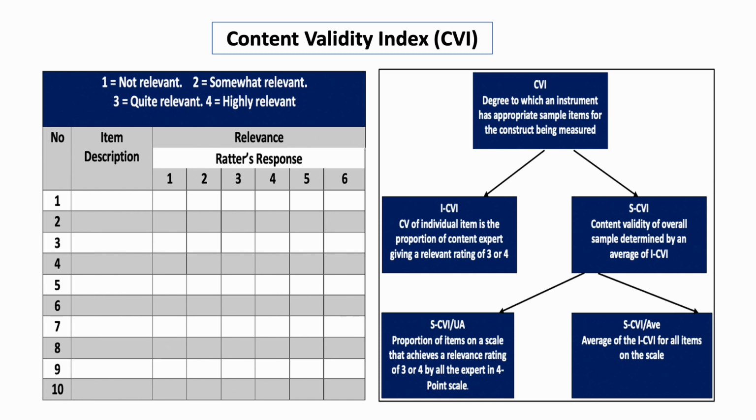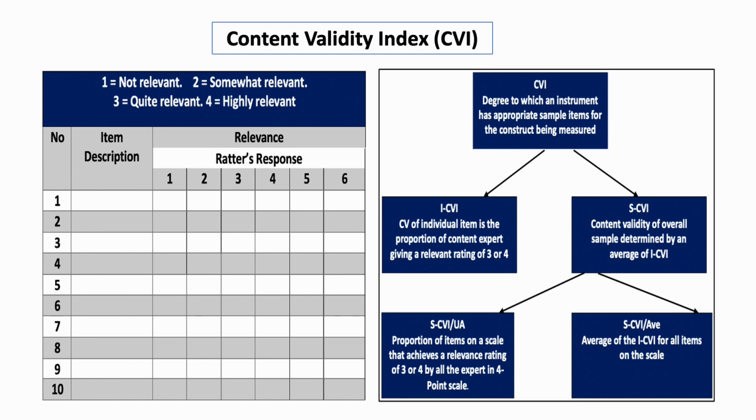For SCVI, the content validity of the overall sample is determined as an average of the ICVIs. So first we determine the individual CVI, and the average of that becomes the SCVI. The SCVI, the sample CVI, further has two outputs: SCVI universal and SCVI average.